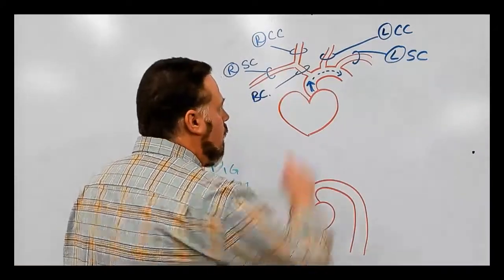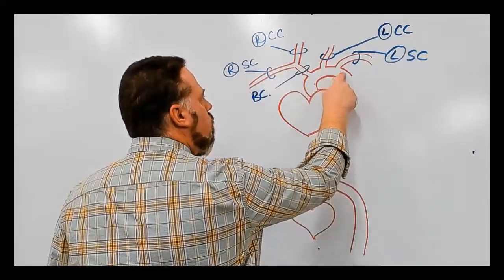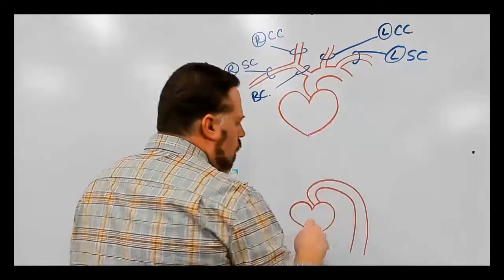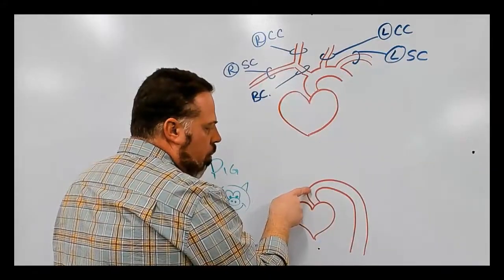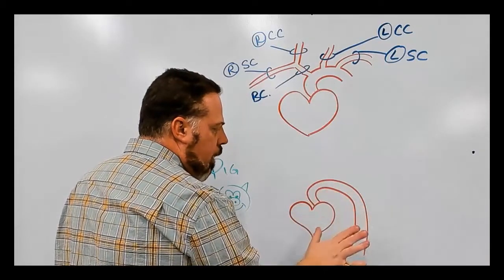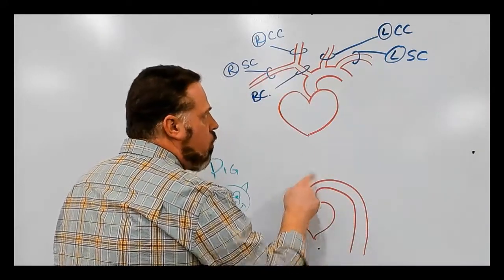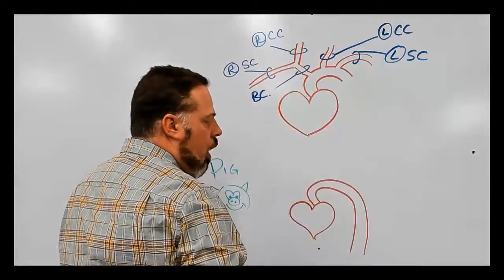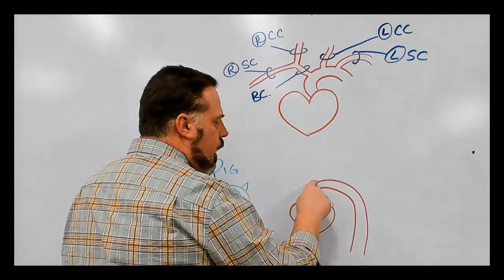We're still going to have the ascending aorta, the aortic arch, the descending aorta. It's all the same. But the aortic arch doesn't have three branches coming off in the pig. Instead, there's only two.